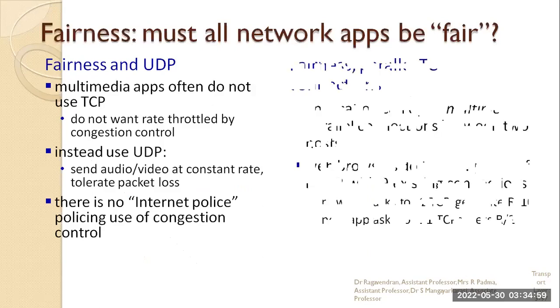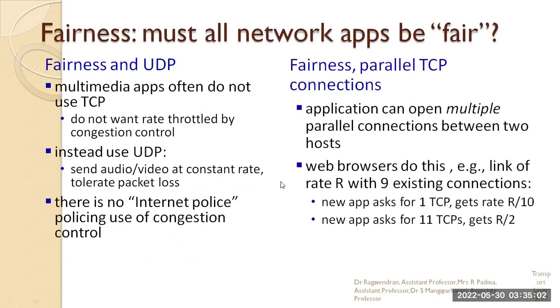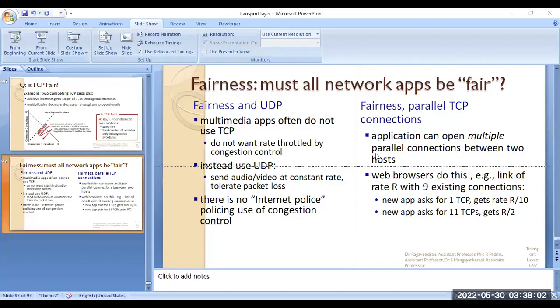Must all network apps be fair? Multimedia apps often do not use TCP. TCP is connection oriented, and applications can open multiple parallel connections between two hosts, so there is no policing of the use of congestion control.